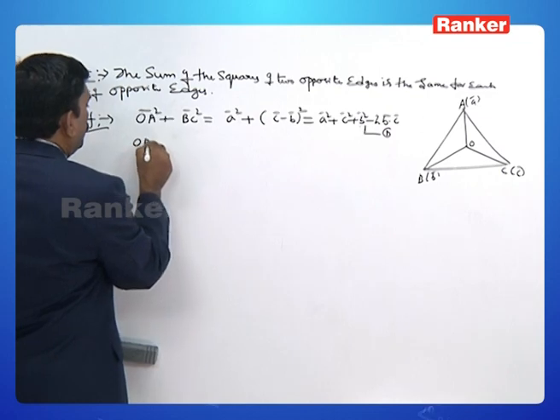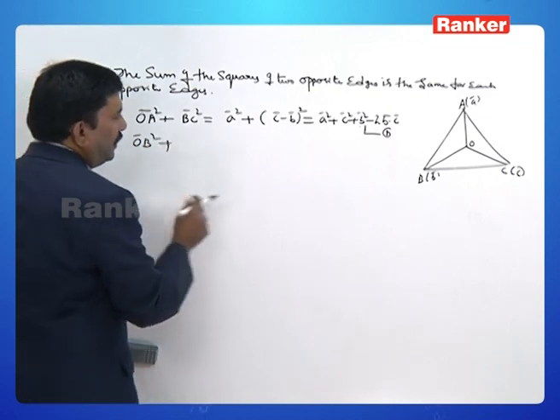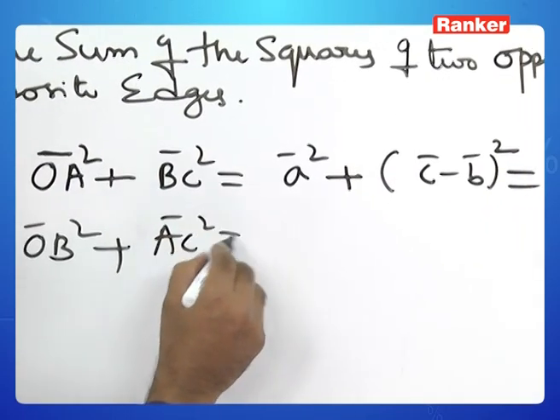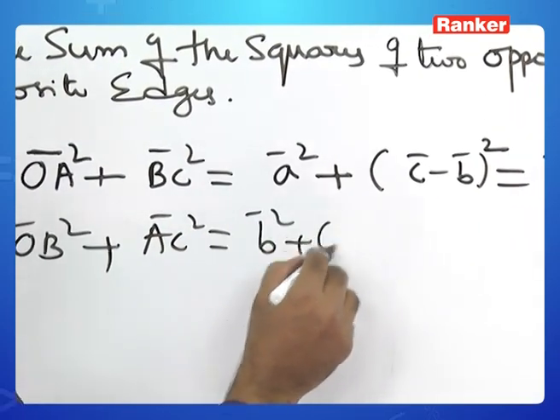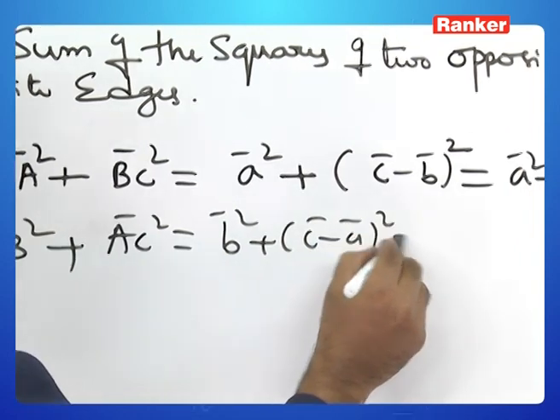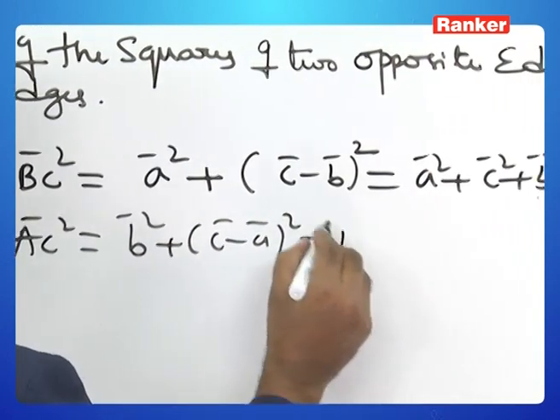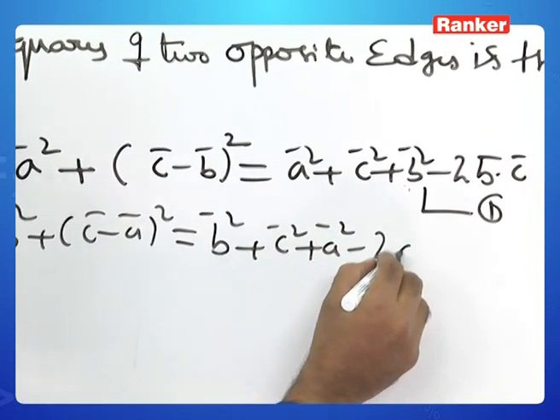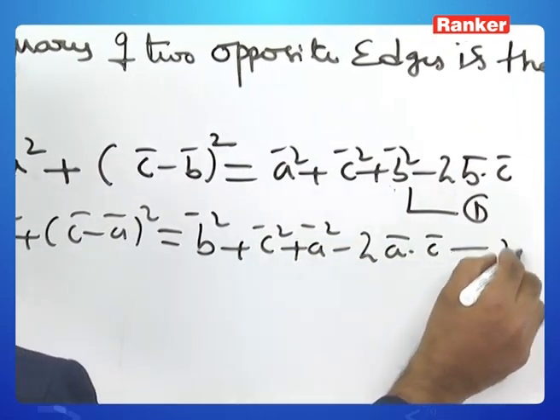Similarly, OB bar square plus AC bar square is B bar square plus C bar minus A bar whole square, which is A bar square plus B bar square plus C bar square minus 2 A dot C. Call it 2.